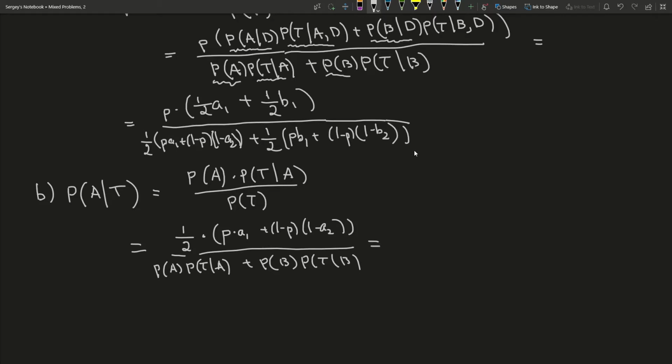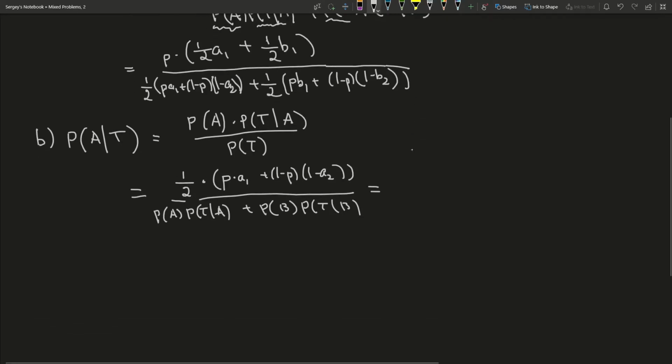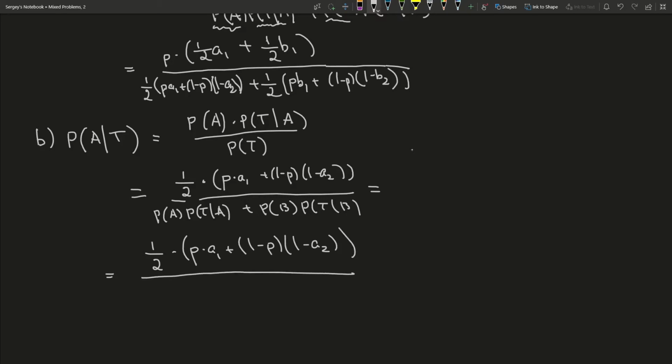And this equals, so in the numerator we have 1 over 2 times P times A sub 1 plus 1 minus P times 1 minus A sub 2. And in the denominator, we have 1/2 for probability of A.